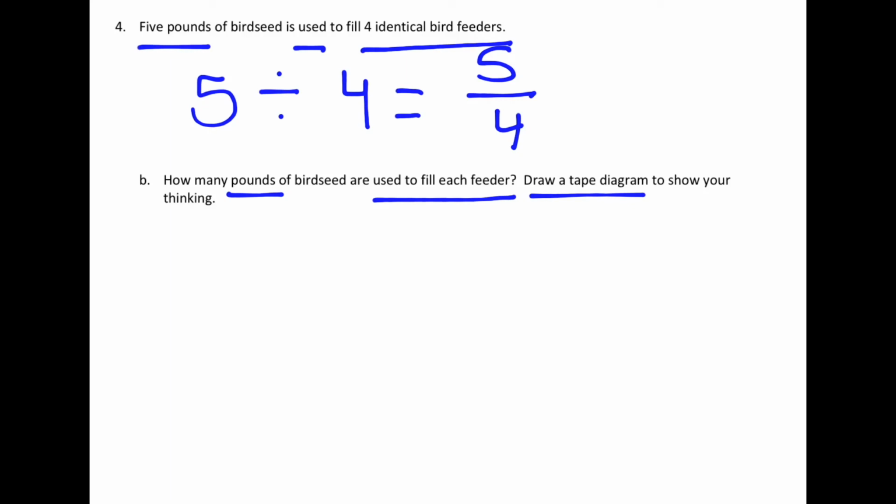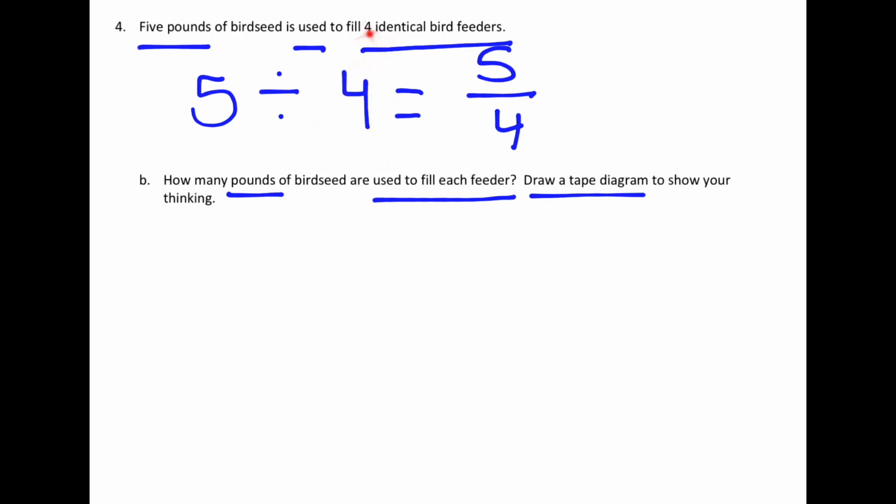Now let's start with the tape diagram. Remember, the tape diagram are those boxes, the units. And going back to my information over here, which number tells us the amount of units we have? Is it the first number or the second number? It's going to be the second number.